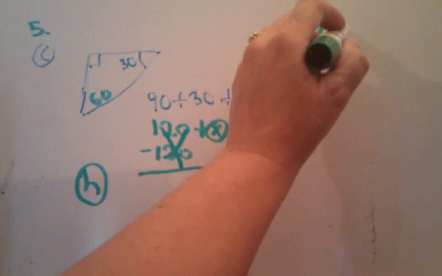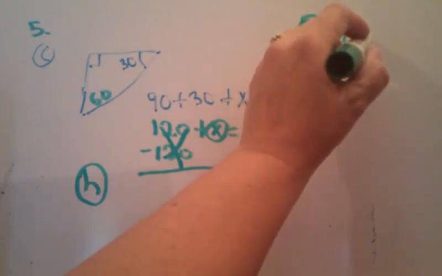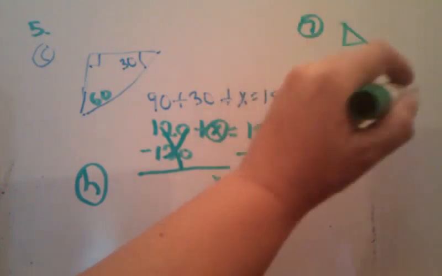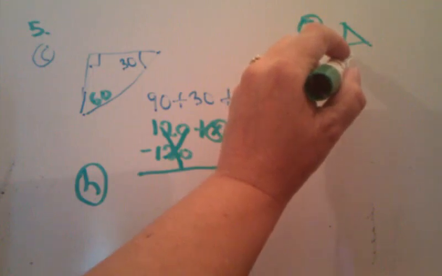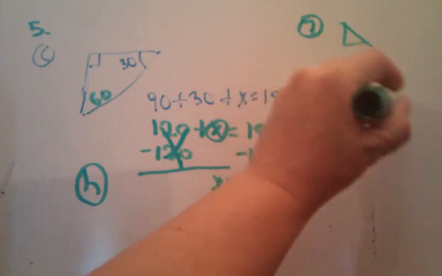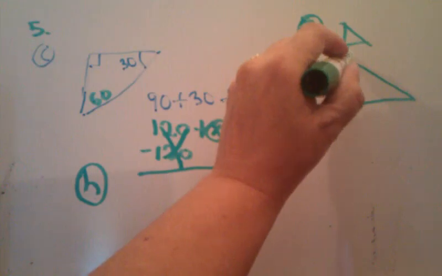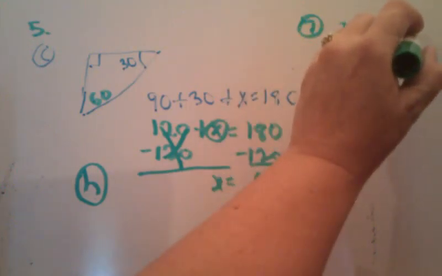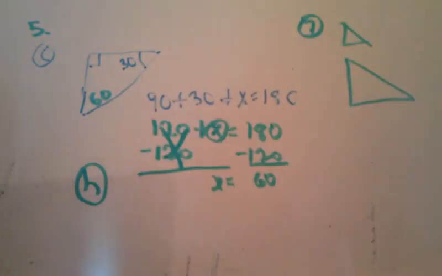So if I have an isosceles triangle, those two are the same. Okay, if I have an isosceles triangle here, okay, let's look. Well, my answer is going to be false.